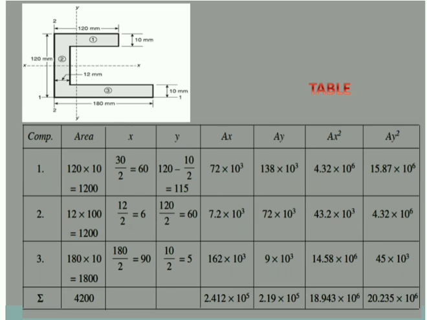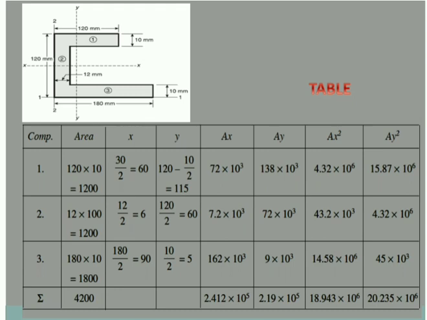If I tell everything as it is, it becomes very easy. So when you are locating y2, it is 100 by 2, which gives you 50, plus 10 is 60. The answer is the same, need not worry. Then find ax, obtain ay, next find ax square, next find ay square. Things will go smoothly up to here, no issues.